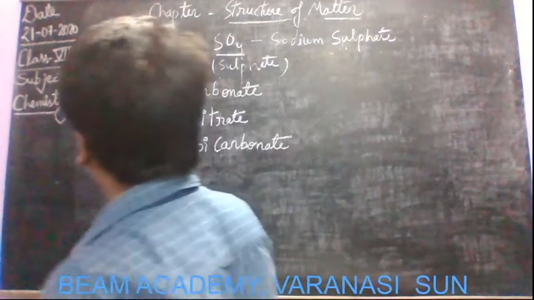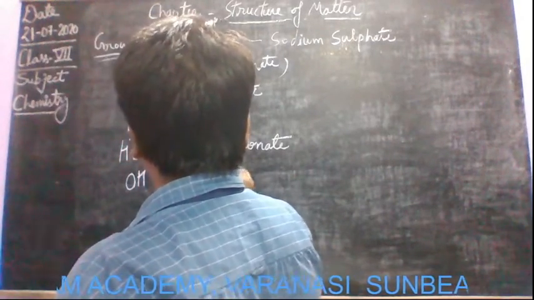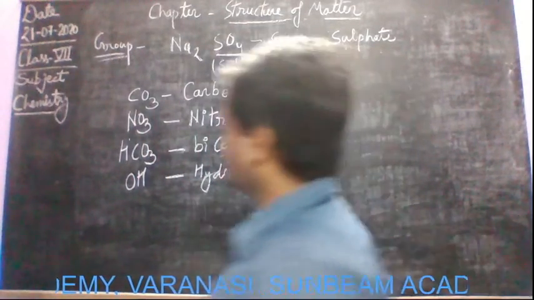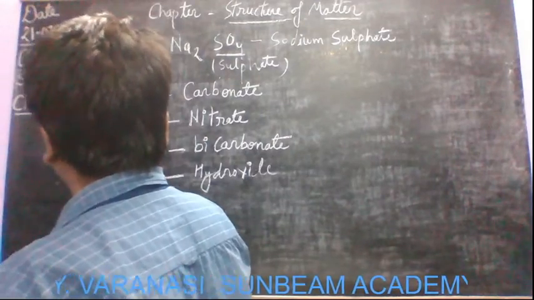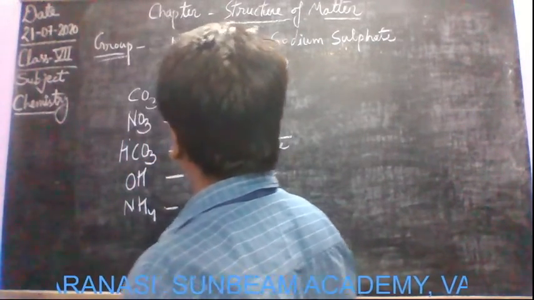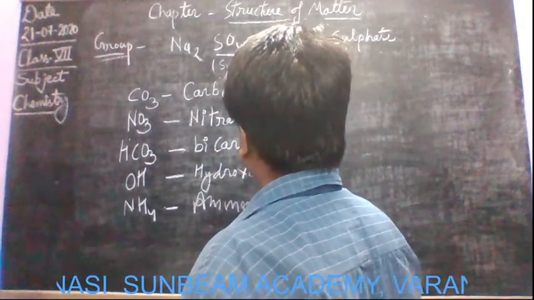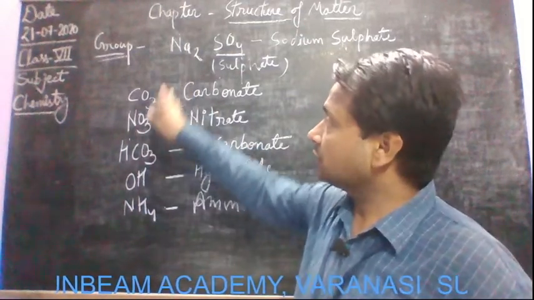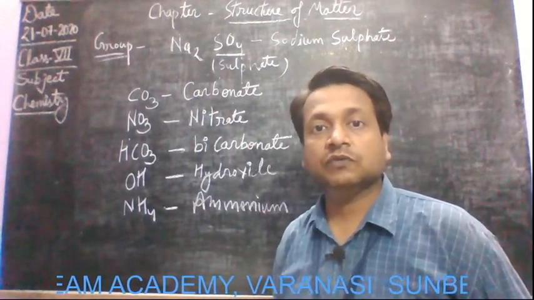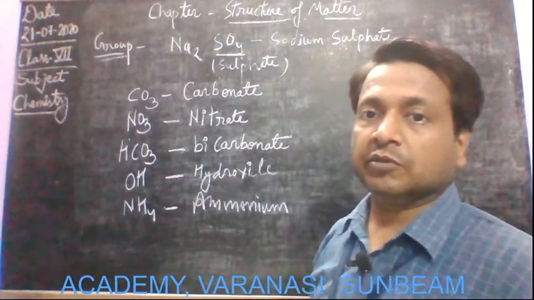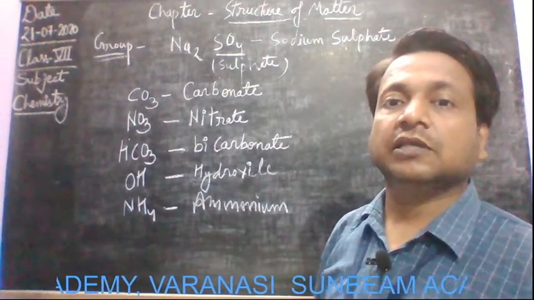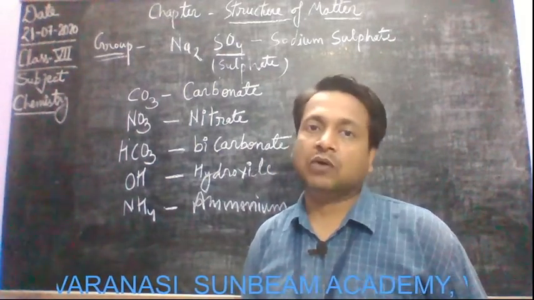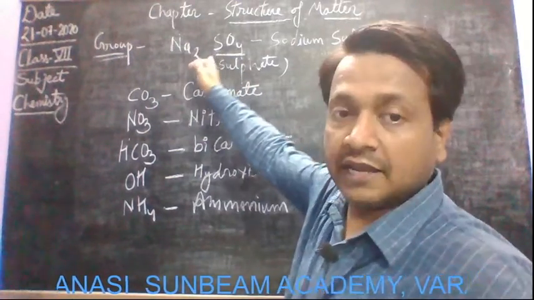OH, hydroxide group. And ammonium, NH4. So these are some examples of groups which are generally used in chemistry, because they again join chemically with other elements and form new compounds, as in the example I have given you.